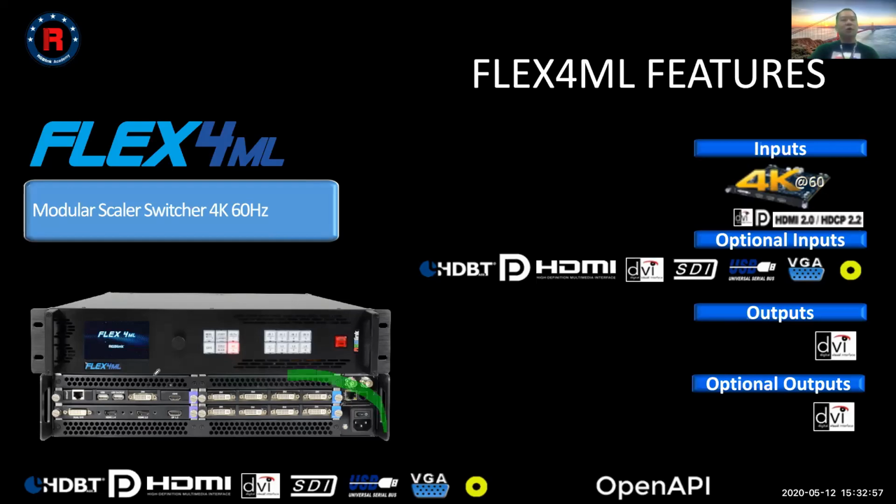This is the back panel for the Flash 4ml. On the left, the purple one is the inputs. On the right, the blue one is the outputs. For the inputs, in total, it will support 2 slots. On the bottom, this 4K slot is the standard.